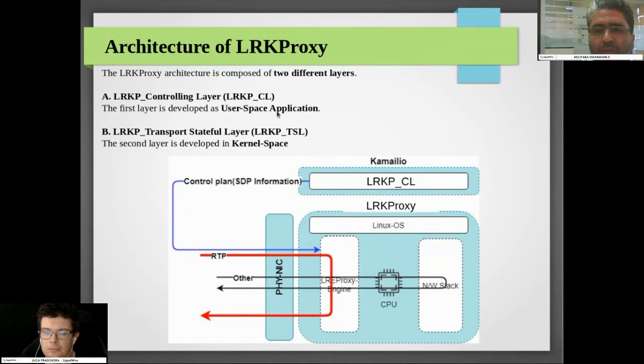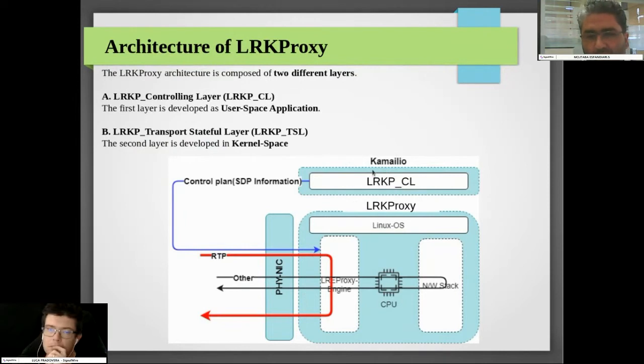LRKProxy is composed of two different layers. The first layer runs as a module for Kamailio, developed as a user space application, like other typical Kamailio modules. The second layer is used as a service developed in kernel space.